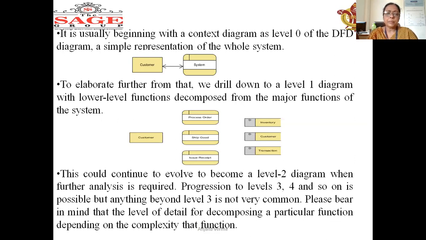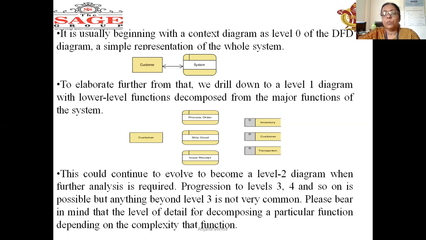We will show our context level diagram, or zero level diagram, with the help of only two symbols, customer and system. The customer interacts with the system, the customer is purchasing something from the system, and after that purchase, the customer will get the item. So you can see a two directional arrow in the context diagram.